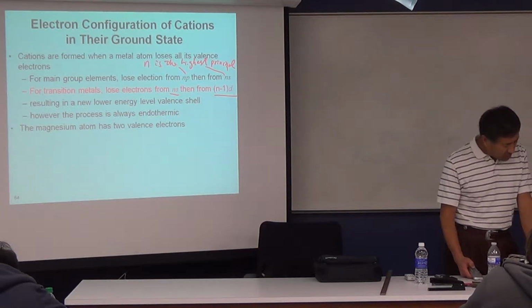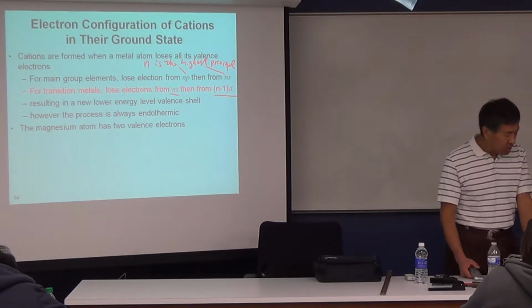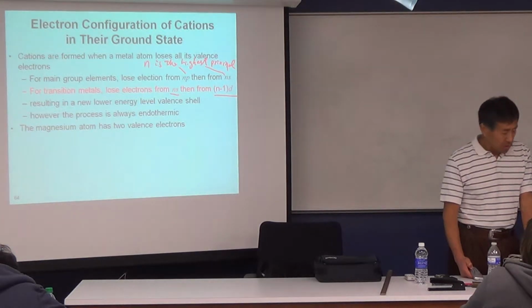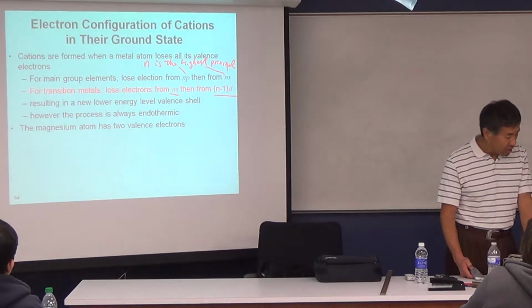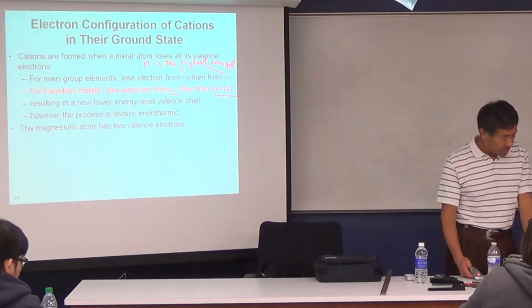Let's see one example for the group A elements, and I will show the transition metal on the next slide. You first need to know the electron configuration for the neutral atom.